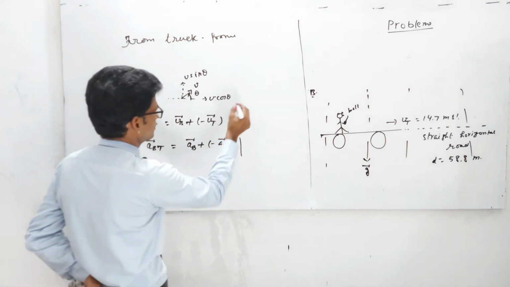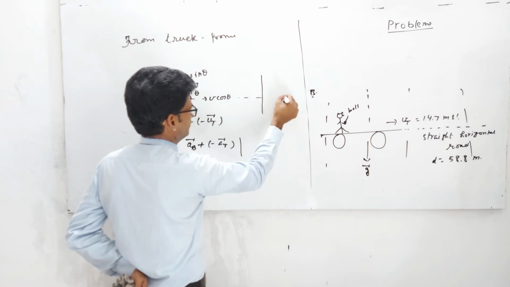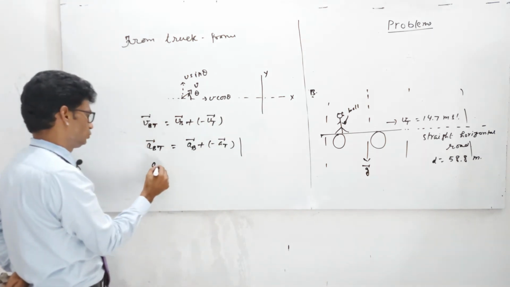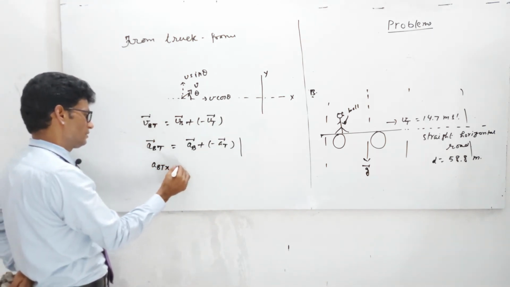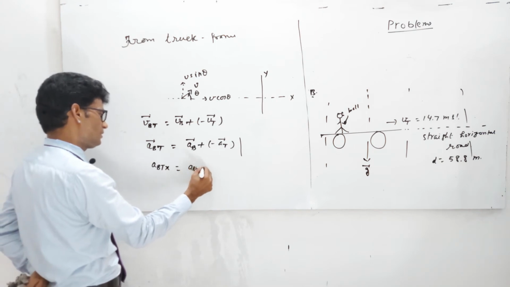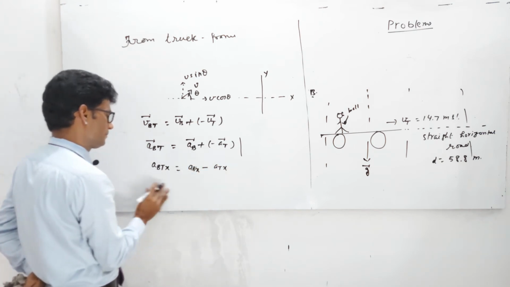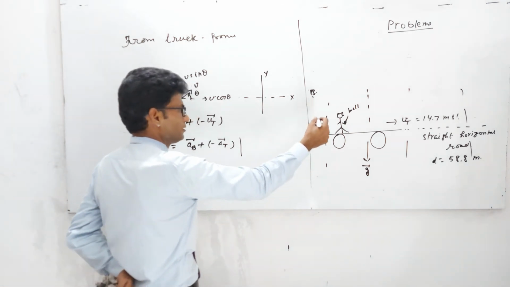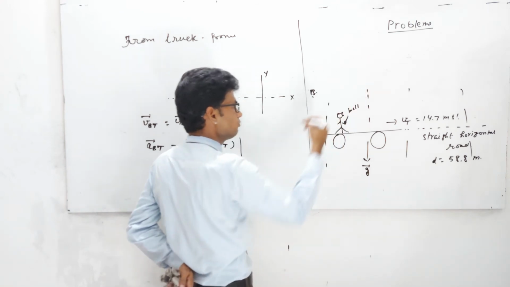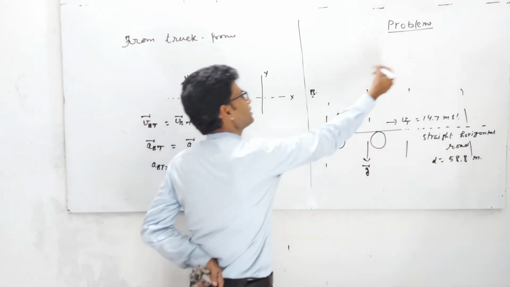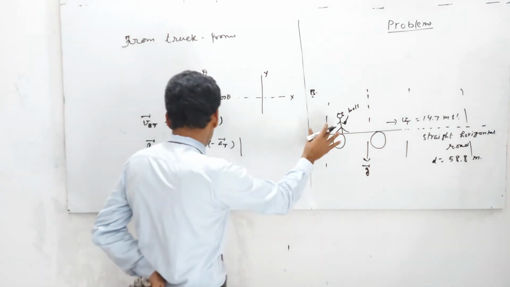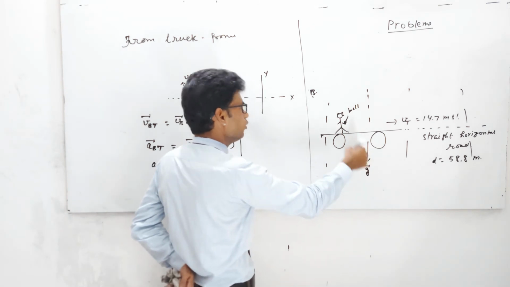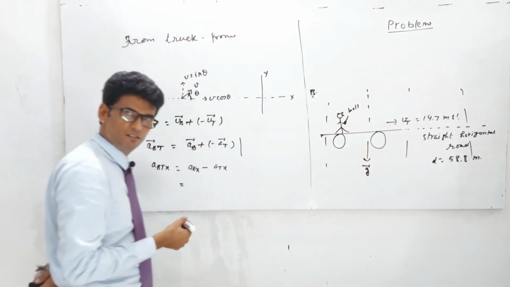Here suppose this is the coordinate system, say x and y. So a_BT x is a_Bx minus a_Tx. Once the ball has been thrown, it is under gravity. So with respect to the ground frame, this acceleration component is g, no machine or anything has been attached to the ball.